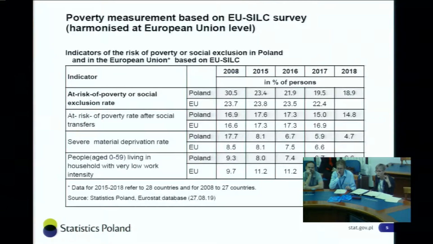It is an aggregated indicator, corresponding to the sum of persons who are at risk of poverty or severely materially deprived or living in households with very low work intensity. Persons are counted only once, even if they are present in several sub-indicators.